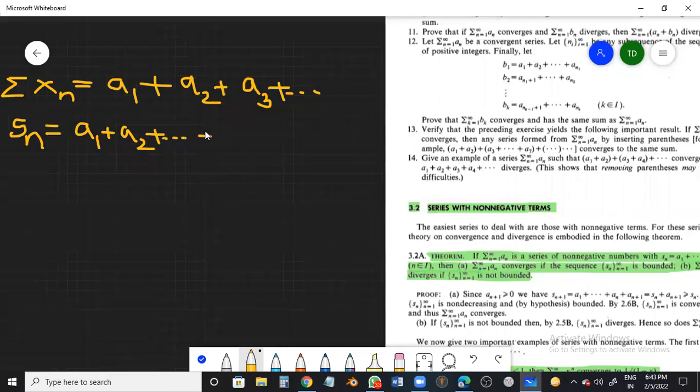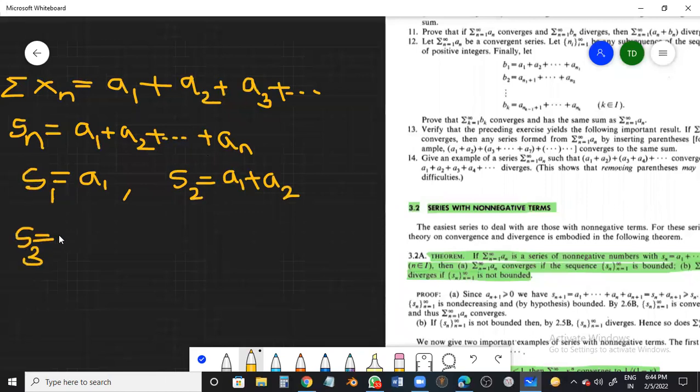Still it is not making any sense to us. Okay, doesn't matter. I go with the first sum, S1. What is it? A1 only. I go to S2, I get A1 plus A2. Now I think you'll recall it. If I go to S3, I'm getting A1 plus A2 plus A3.